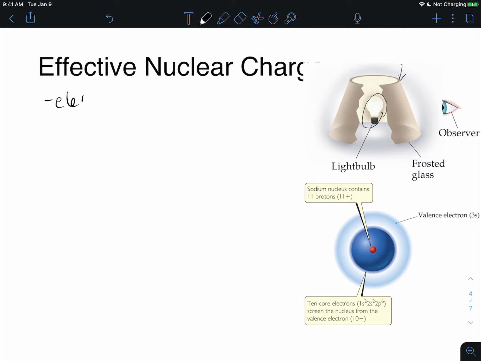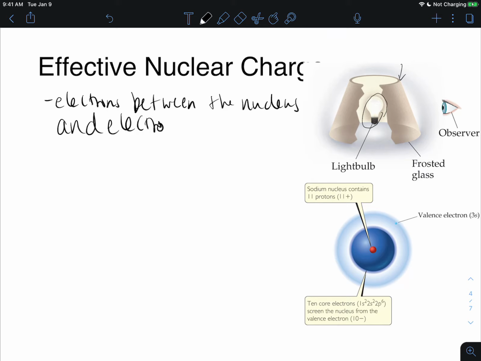So electrons between the nucleus and electron in question shield the nuclear charge.